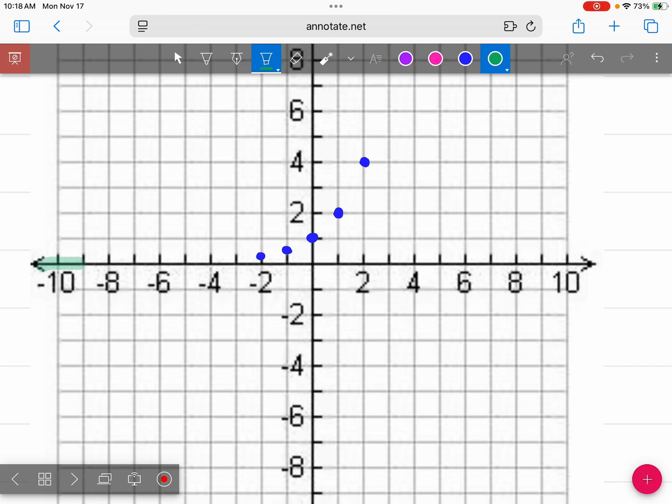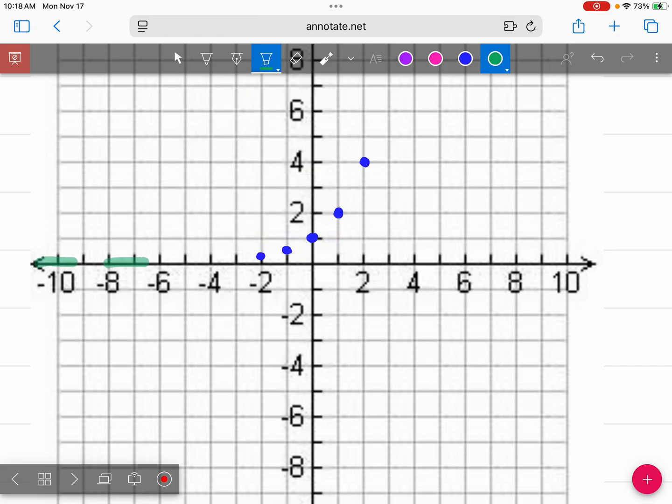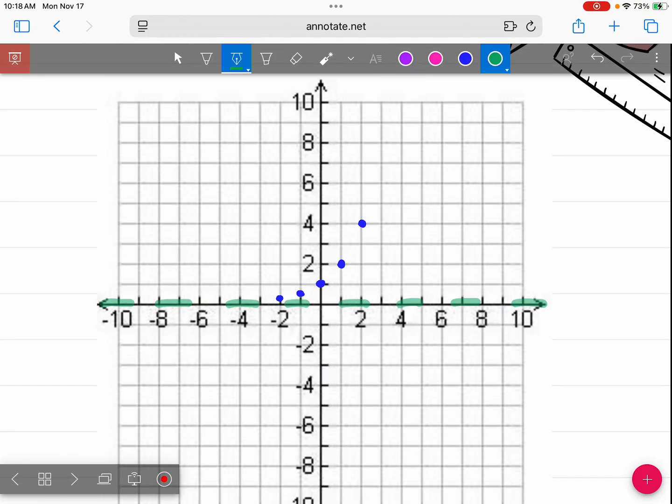I'm making that slightly darker. So our asymptote's going to be right there. So when we connect this up, it's going to look kind of like that.